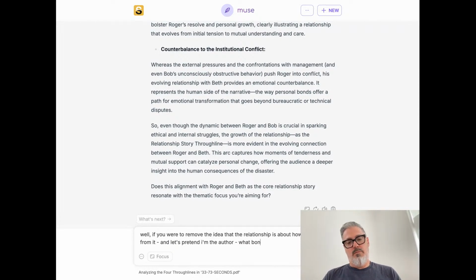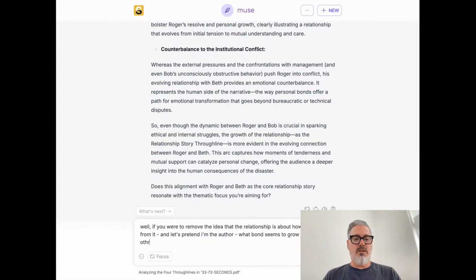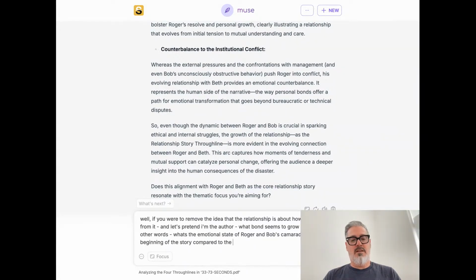What bond seems to grow over time? Oh, here's another check. Like, in other words, what's the emotional state of Roger and Bob's camaraderie at the beginning of the story compared to the end?